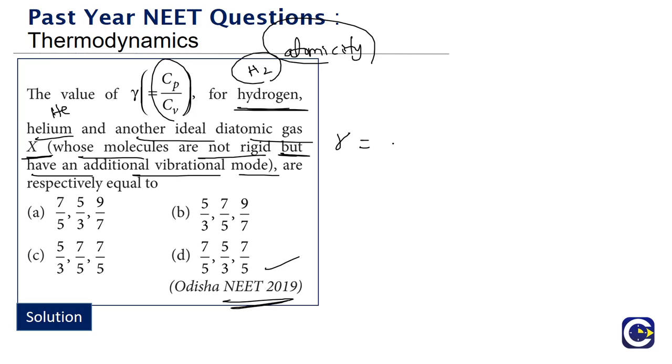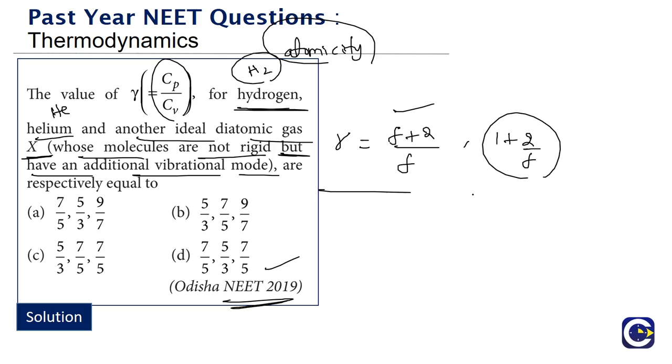The relation is gamma will be equal to (F plus 2) by F, or 1 plus 2 by F. The difference is, we have just split this term, that's it. Where F will be the number of degrees of freedom. The number of degrees of freedom is something that is related to the internal energy of the gas molecules.